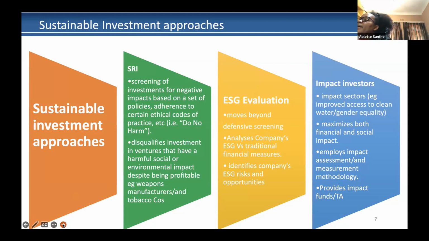And further, impact investors employ impact assessments and measurement methodologies. In addition to that, they are able to advance impact funds to eligible project developers, and they can also offer technical assistance.